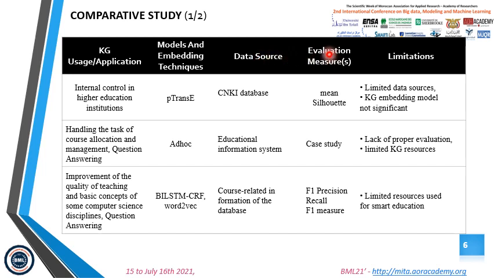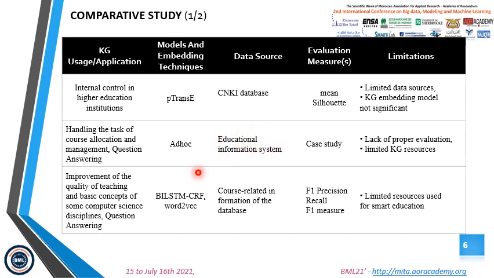This table demonstrates the knowledge graph usage, application, models and embedding techniques, data sources used to feed the knowledge graph, the evaluation approach, and the limitation of each work. Take the first example. The first author proposed a knowledge graph construction method for internal control in higher education institutions. The second author presents an automated approach for handling the task of course allocation and management using an educational information system.